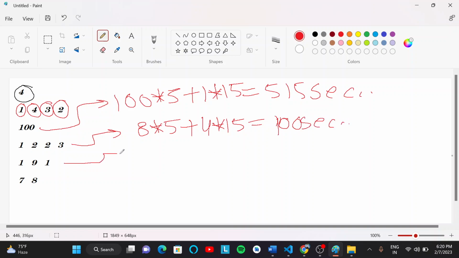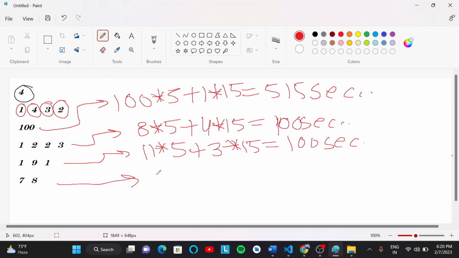Now the third window, total products are 11, multiplied by 5, plus 3 people, 3 multiplied by 15, this is also 100 seconds.